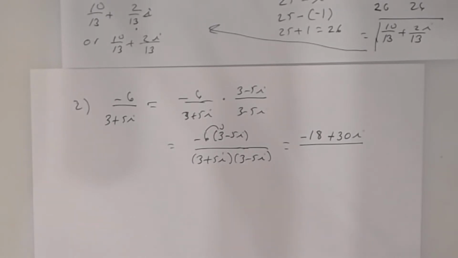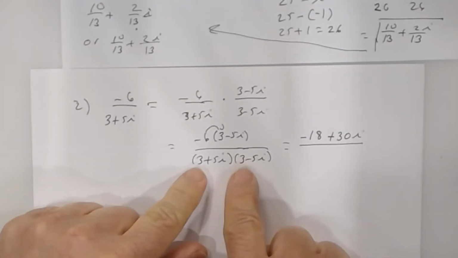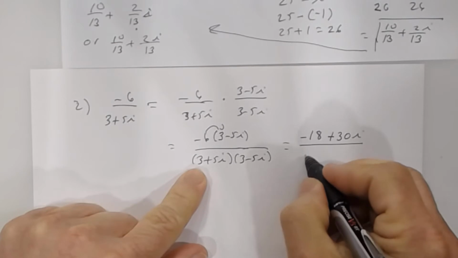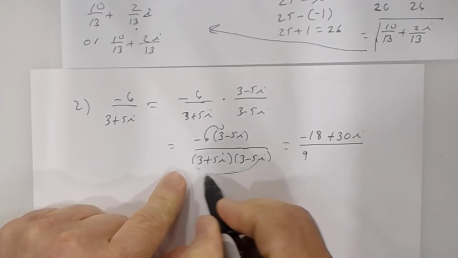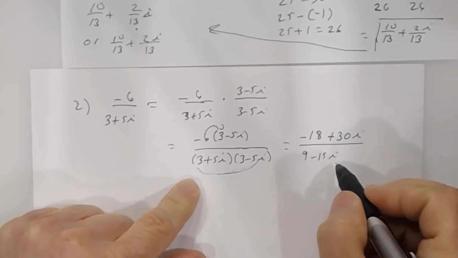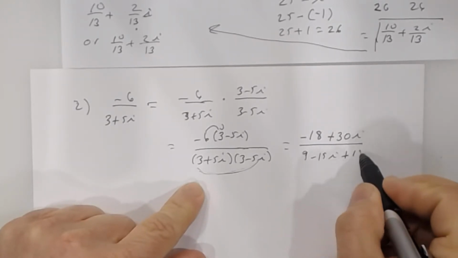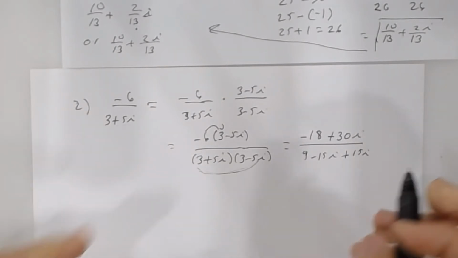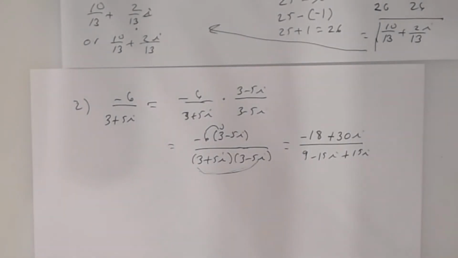FOIL. What's the first? 9. What's the outer? Negative 15i. What is the inner? Better be positive 15i, right? Because remember the difference of two squares that we did last semester when you factored? The outer and the inner were opposites.